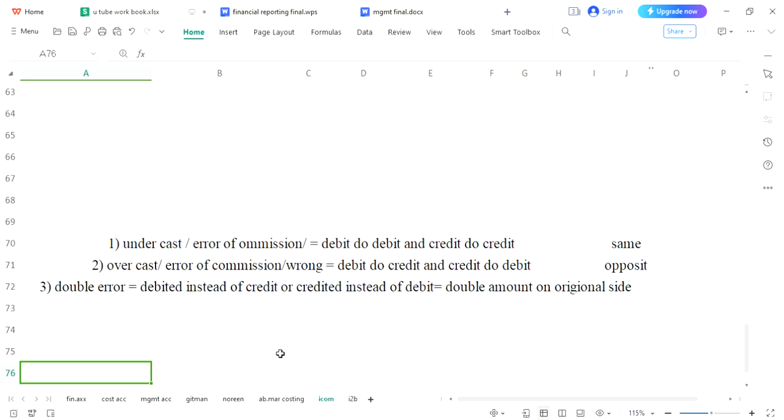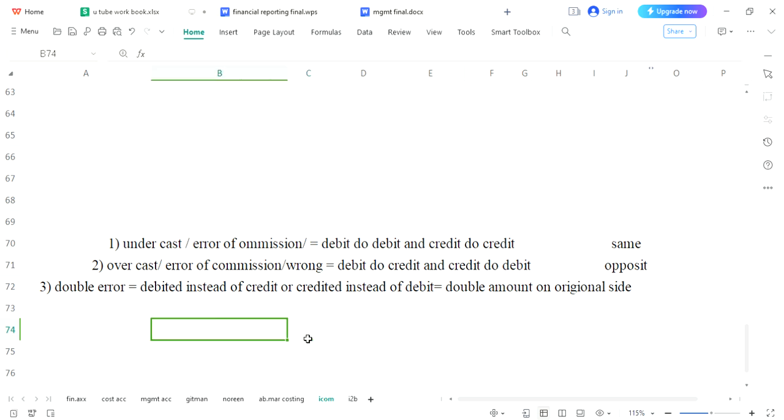Double error: debited instead of credit. Let's say we have two sides, one is debit and the other is credit. You were asked to write an amount on the debit side.